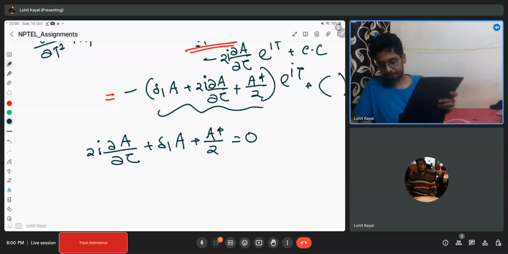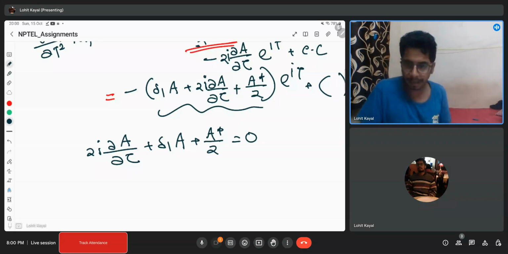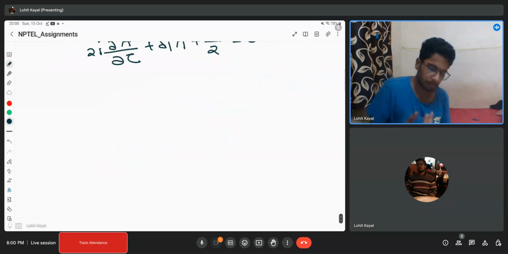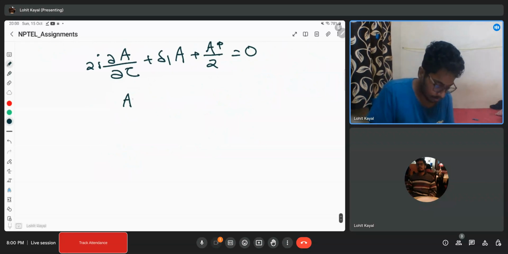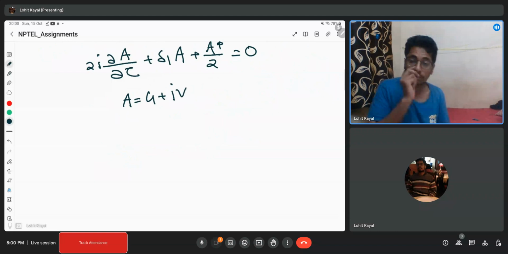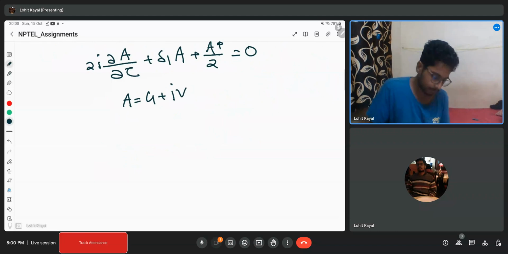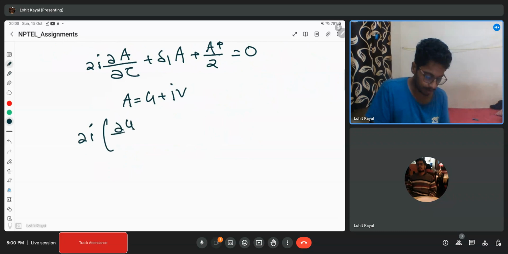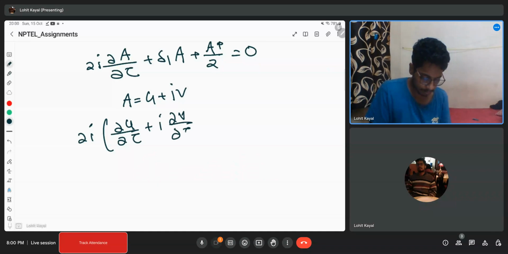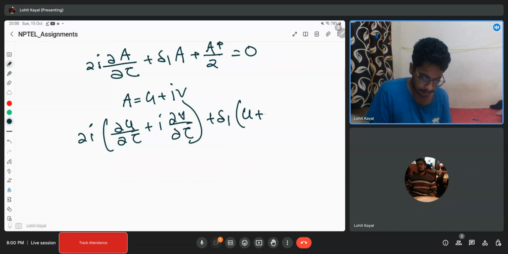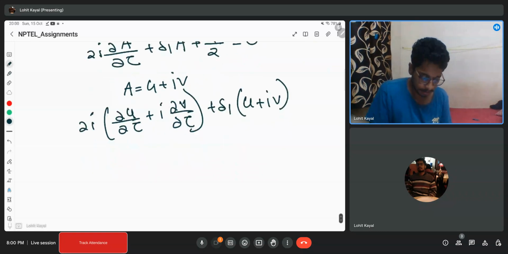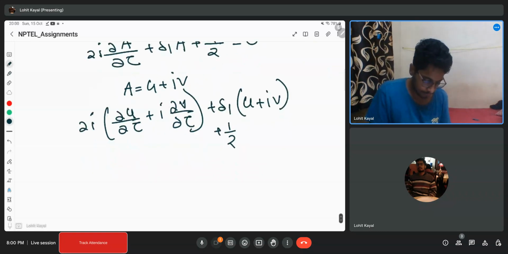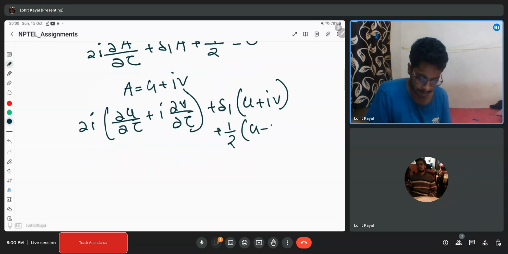Now, how to solve this? Here a is a complex variable, so we will assume a equal to u plus iv, where u and v are real. Let us write it down completely. I will get i del u del tau minus del v del tau, plus delta 1 times u plus iv, plus a star by 2, that is half of u minus iv.